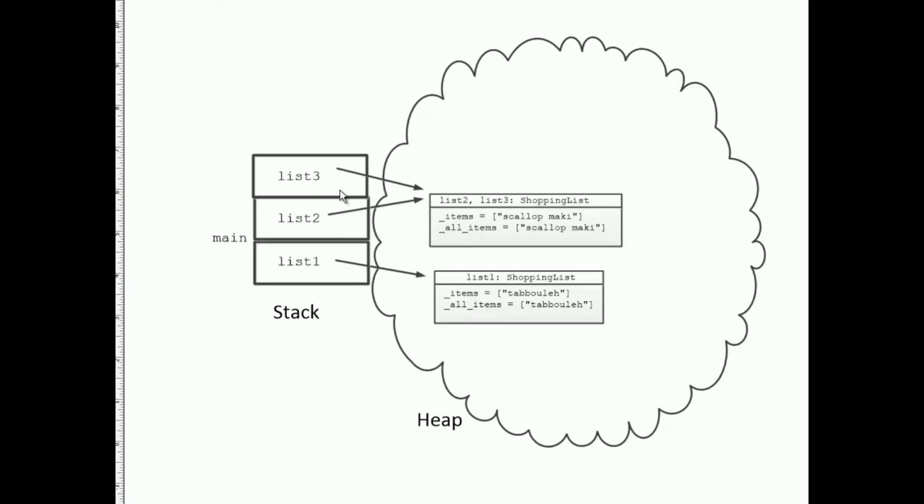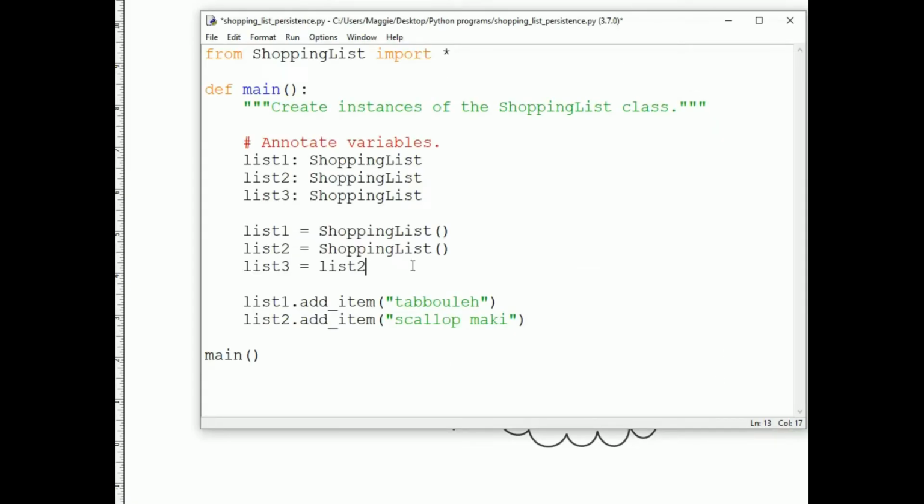Now let's make a new object using the list2 reference. So list2 equals shopping list. Now here's what that looks like in memory.